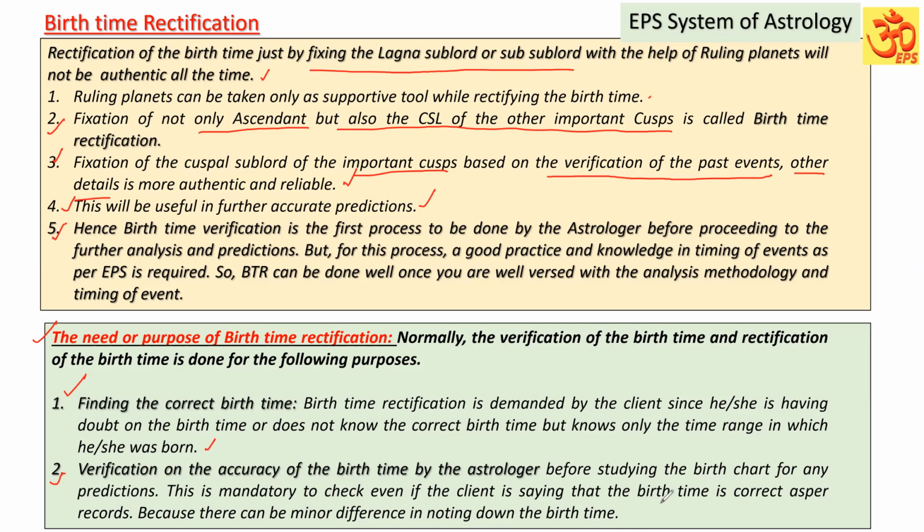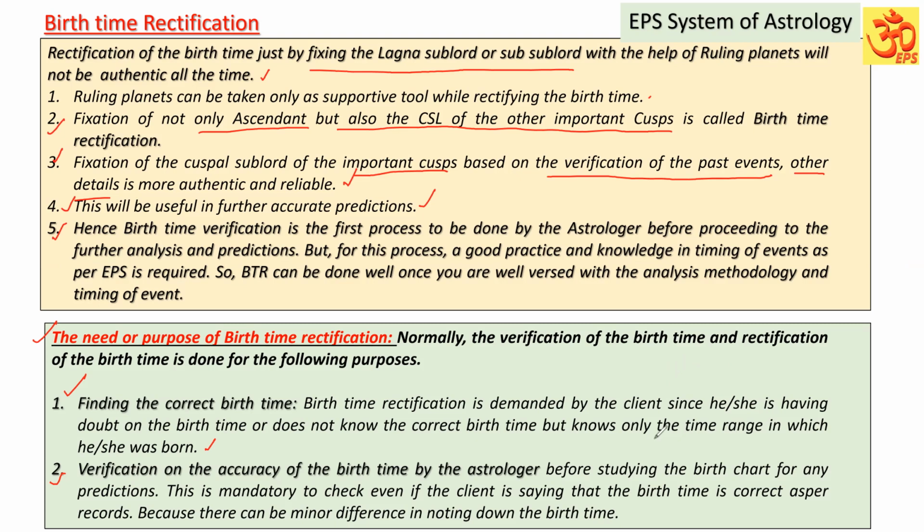Because what is birth time? The first breath is the birth time, just as the last breath is the death. First breath is the birth time. So nobody knows exactly when the child, as soon as it is coming out of the mother's womb, is exactly taking its birth.